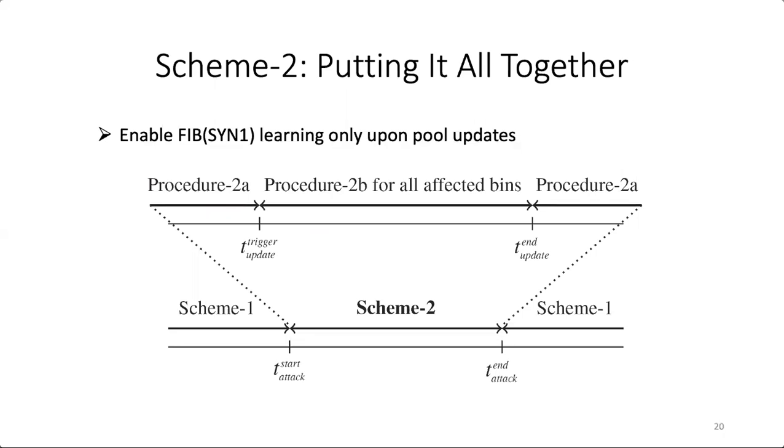This means that Scheme 2 will always maintain PCC without needing to use the FIB of SYN1 learning table during all of the running time.